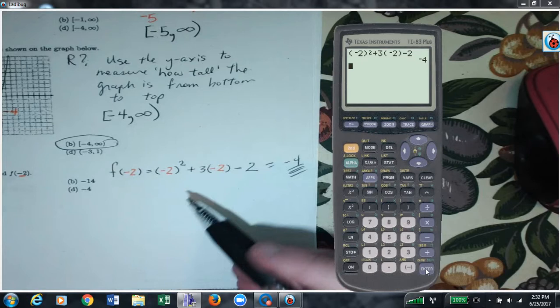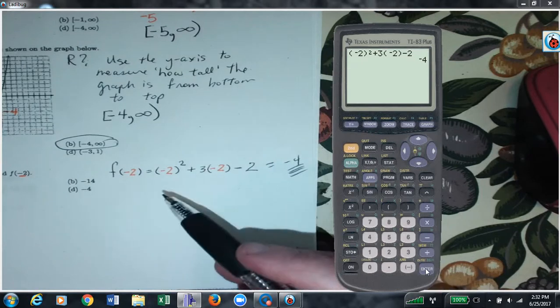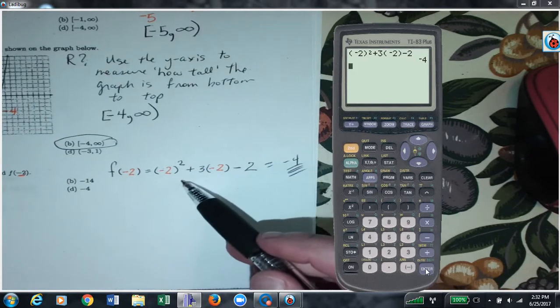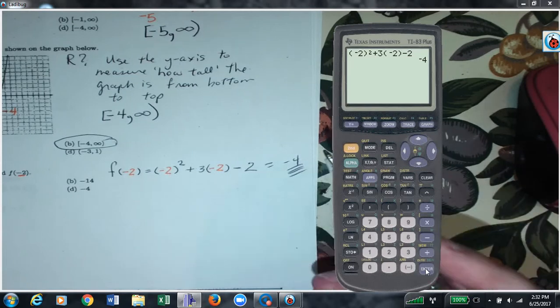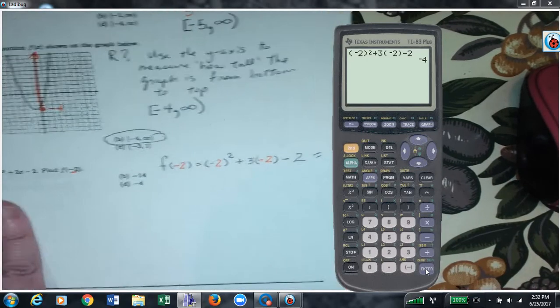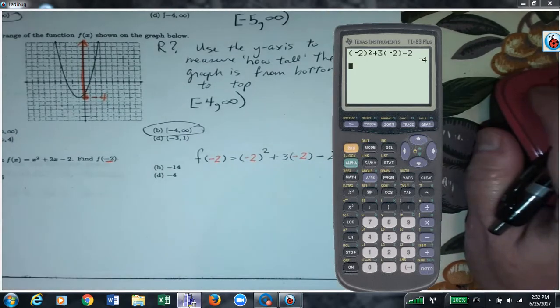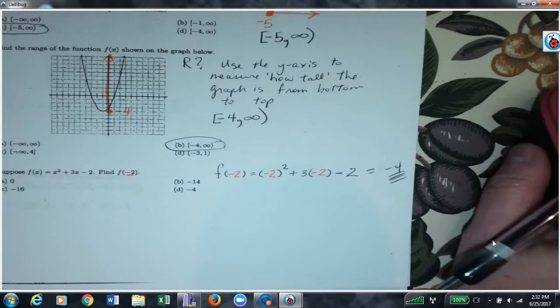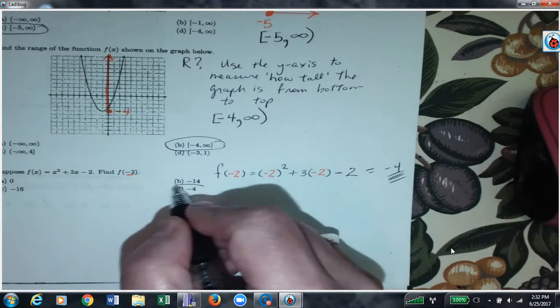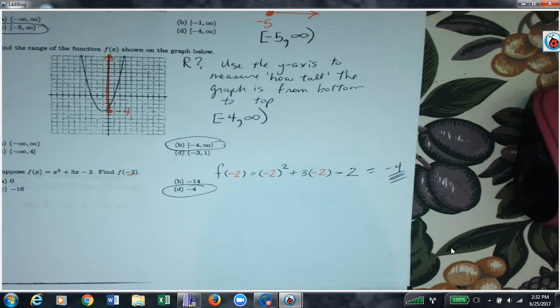If you've done that by hand, -2 in parentheses all squared is +4. So I have 4 minus 6 minus 2. So that would have been 4 minus 8, which would have given me -4. But I get the answer just the same. So I'm looking for the answer -4. So the answer to number 8 is D.